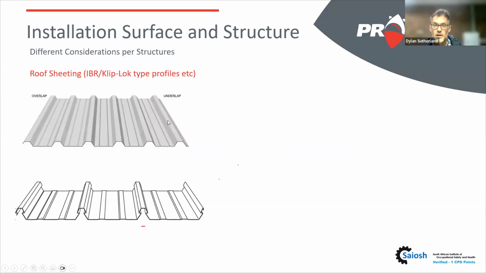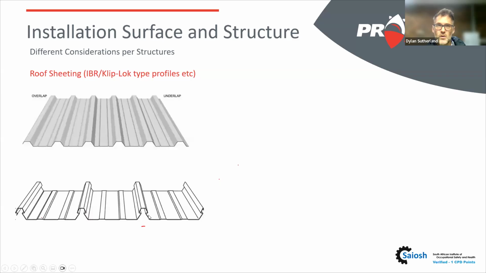Another contentious one right now, especially in South Africa, is the roof sheeting side of things. Connecting to roof sheeting is quite tricky. We've got 2 main styles of roof sheeting, being RBR sheets or RBR type sheeting and clip lock type sheeting.